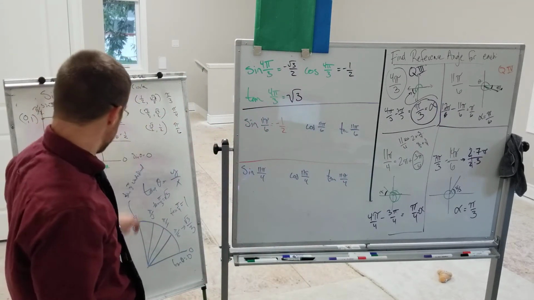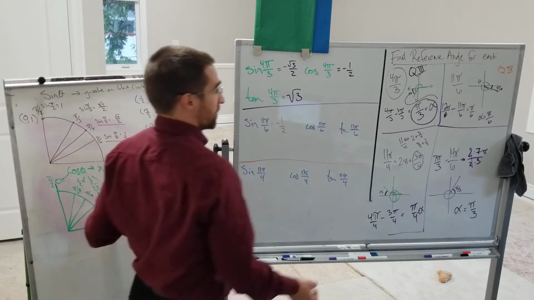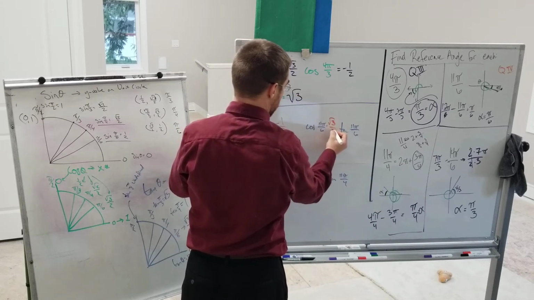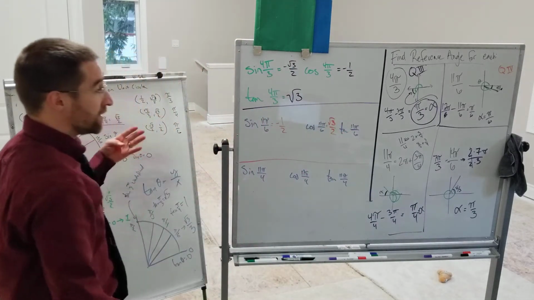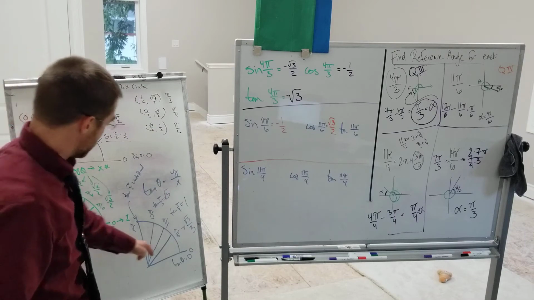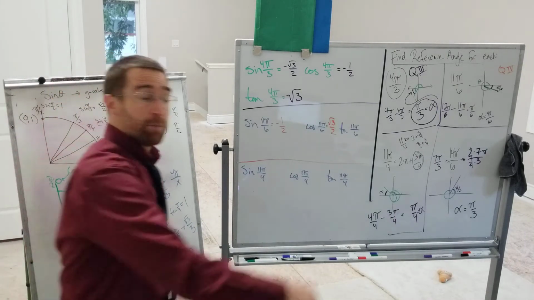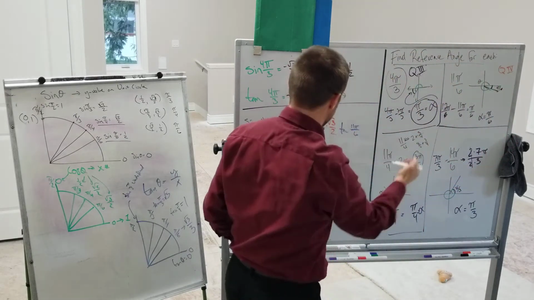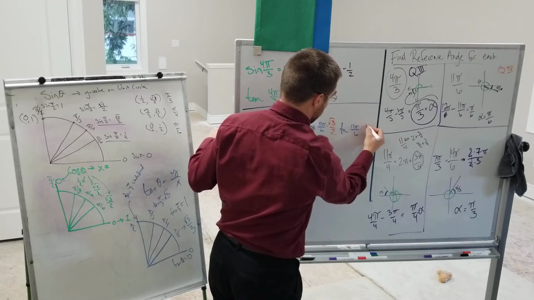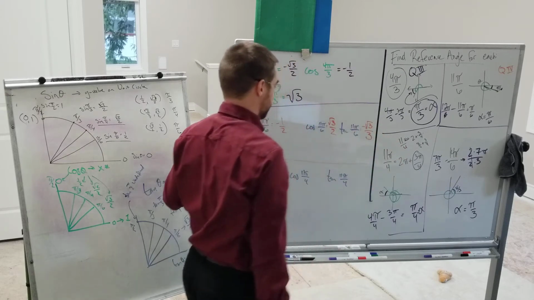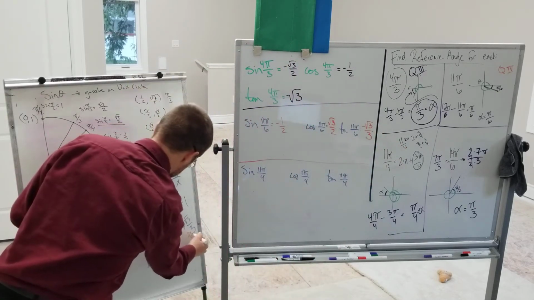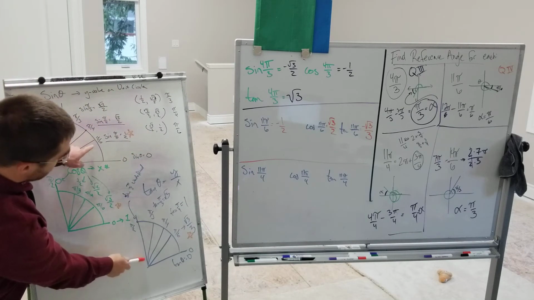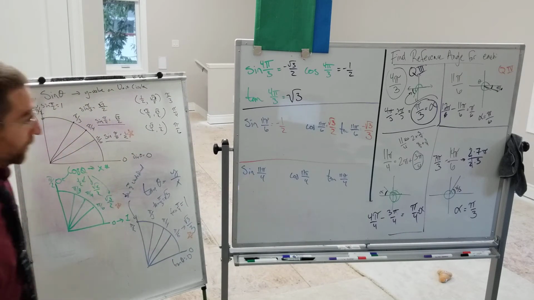Cosine of pi over 6 is root 3 over 2, and cosine's positive in quadrant 4, so it's a positive root 3 over 2. Tangent of pi over 6 is root 3 over 3, but because we're in quadrant 4, we're dropping from left to right, and we have a negative slope, so it's going to be negative root 3 over 3. I just used these 3 values, but these 2 are negative because we're in quadrant 4 from that angle.